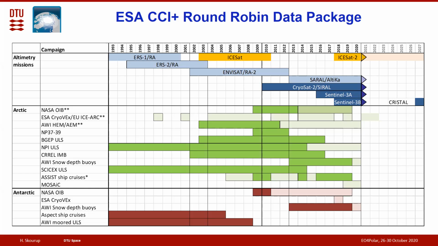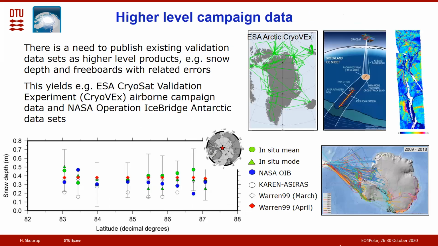With the dark colors, validation data is already within the data package, and those with light colors or none are not in there yet. This includes the ESA CryoVEx campaign data and also the NASA Operation IceBridge for most of the Antarctic campaign.